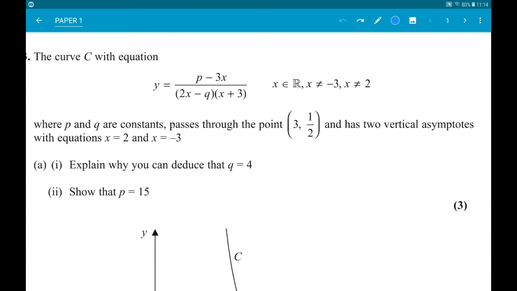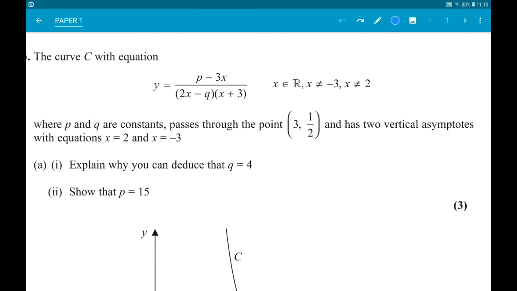The curve passes through the point 3, 1/2 and has two vertical asymptotes at x is 2 and x is minus 3. A. Part 1. Explain why we can deduce that Q is equal to 4.